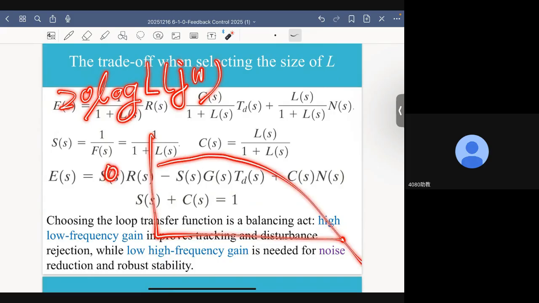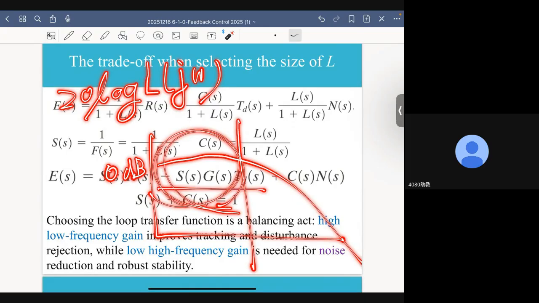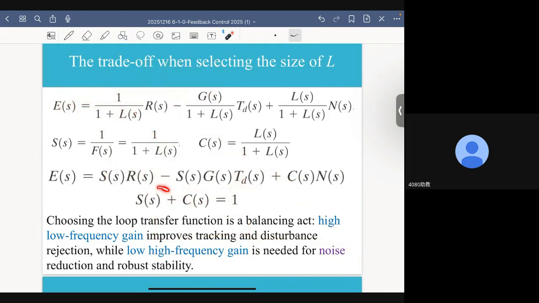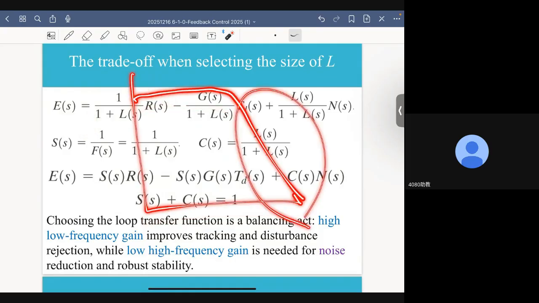Okay, this here is 0 dB. For this part, this is reserved for here. I will make my L not 0 dB, but very, very large in low frequency.